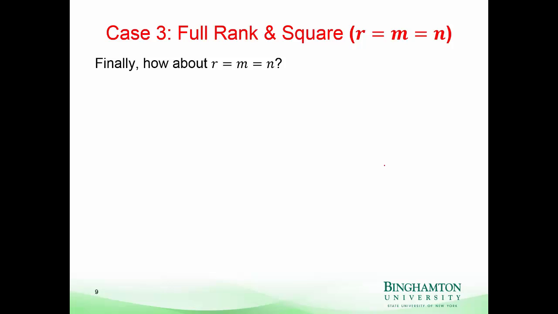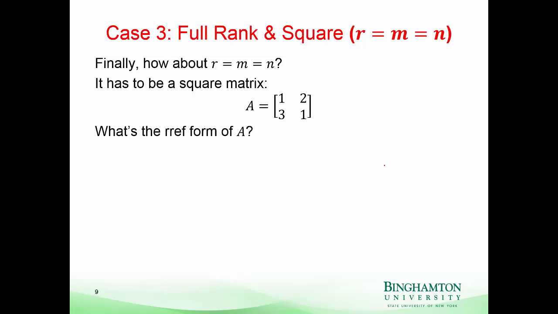We've got r equal to m equal to n. So full rank, because r is the largest that it can be, and it's square because m is equal to n. So this is a square matrix. There's a simple 2 by 2 example. If we do our reduced row echelon form command in MATLAB to convert this, or you could do it by hand, you'll find out that it reduces to the identity matrix.